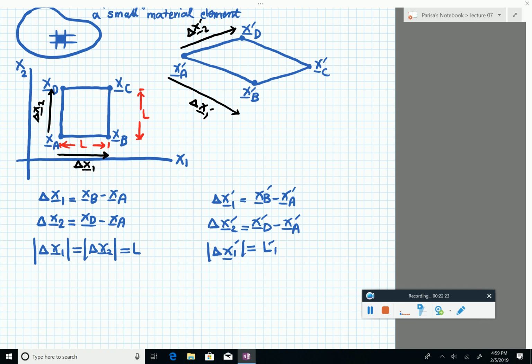So although I assume that I started with a square element, I cannot say that the length would be the same for both. So I consider the other one, maybe I write it next to it, it would look nicer.